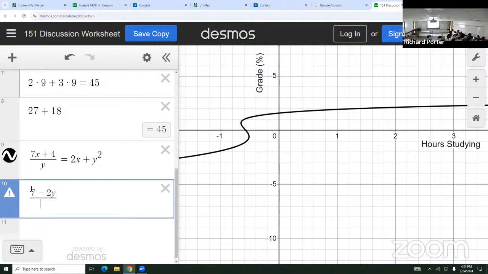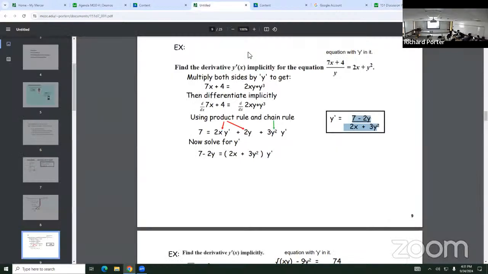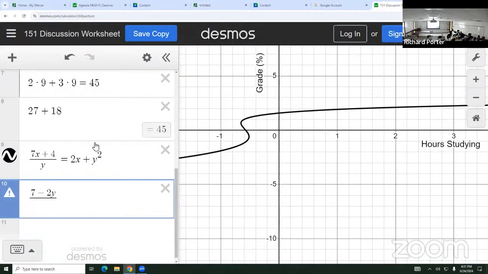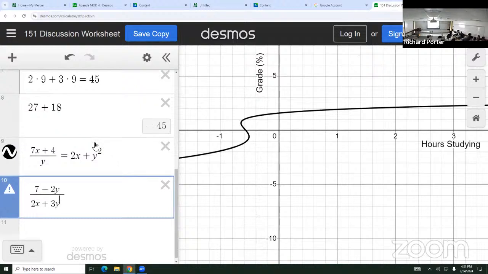I don't remember what it was. 7. 2x plus 3y squared. So that would be the derivative. There's no graph of that because you need to know what x and y are.